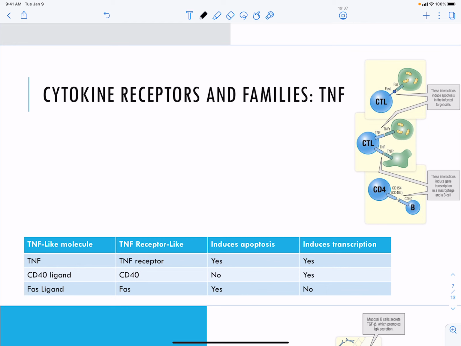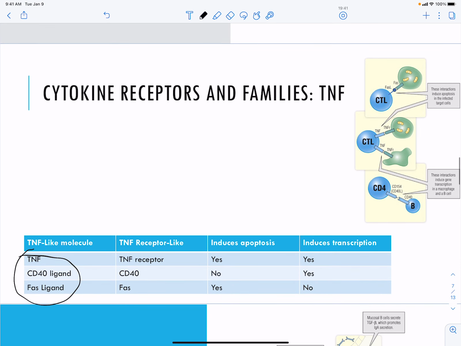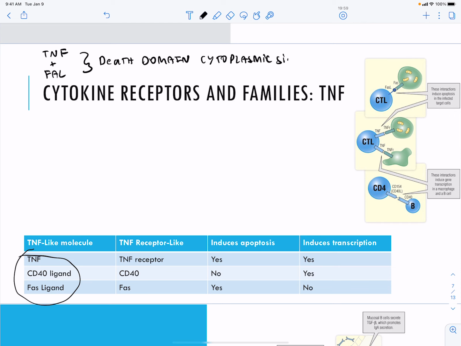So those are listed down here. So they're all part of the TNF family of receptors. So TNF and Fas are going to have the death domain. And this is in the cytoplasmic tail. And this can activate your caspases.